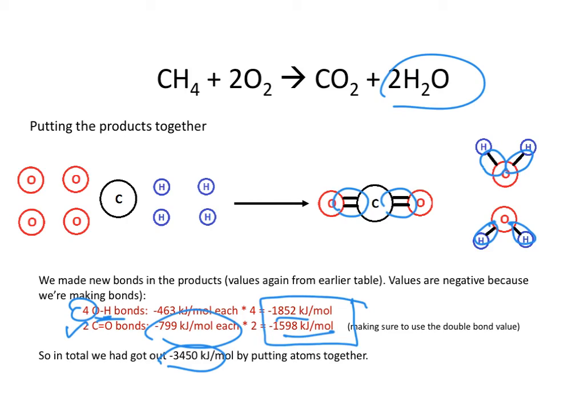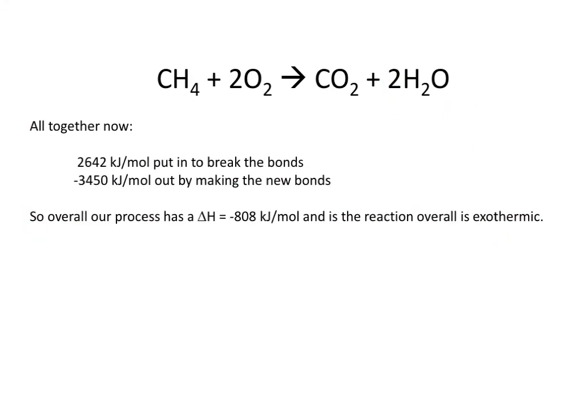So now we had to put energy in to break bonds. We got energy back when we made new bonds. What is the net result of those? 2,642 is what we had to put in to break the bonds. 3,450 is what we got back from making new bonds. So adding those together, the net enthalpy or heat of reaction is a negative number.